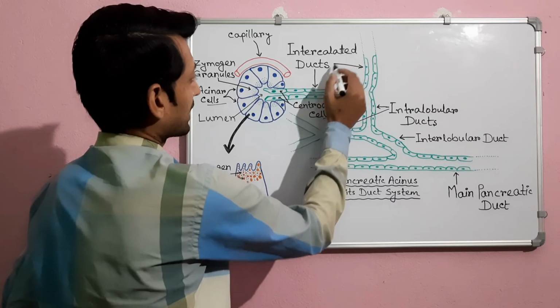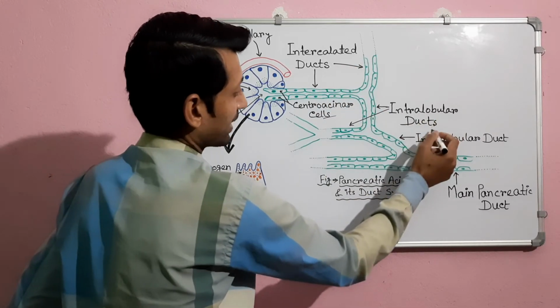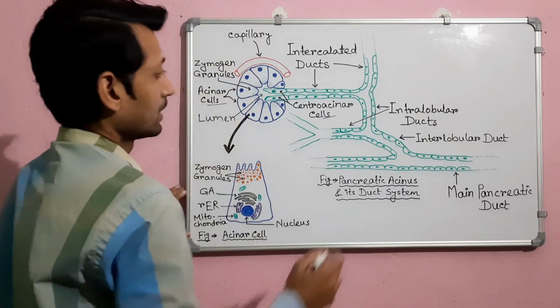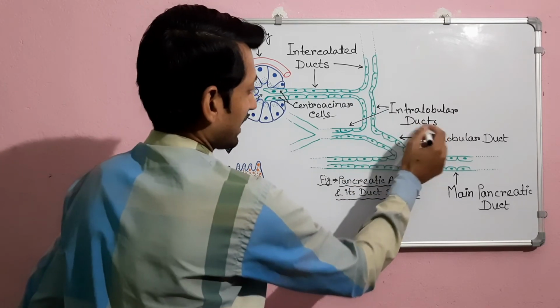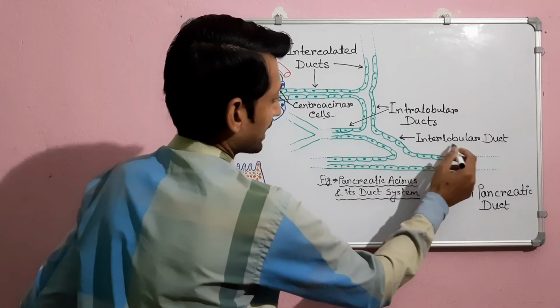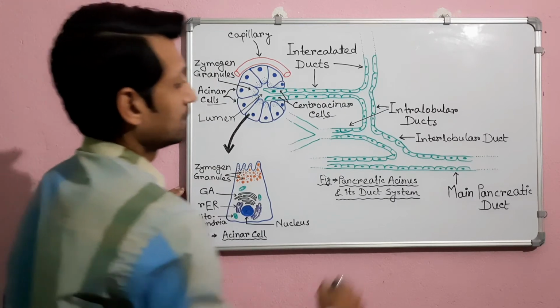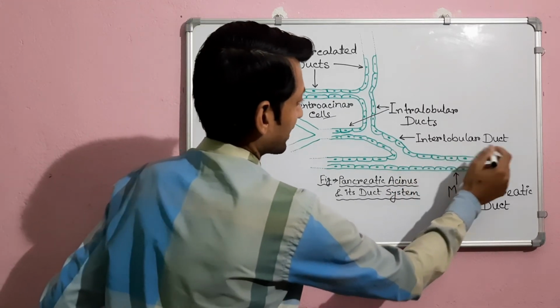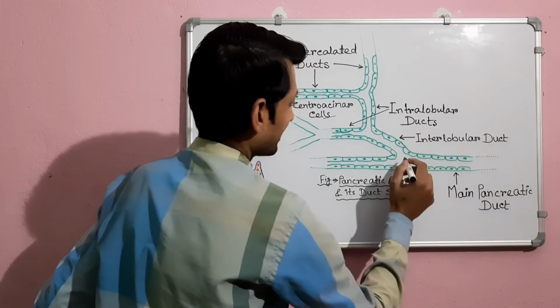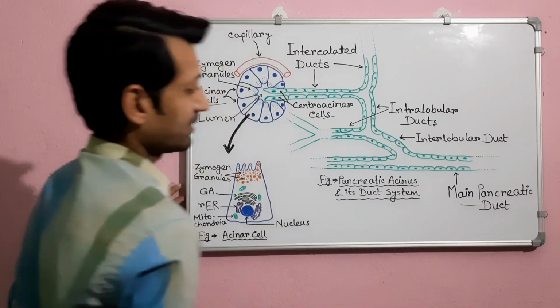The intercalated ducts then merge with intralobular ducts. Intralobular ducts then drain into larger interlobular ducts, and finally the interlobular ducts are directly drained into the main pancreatic duct.